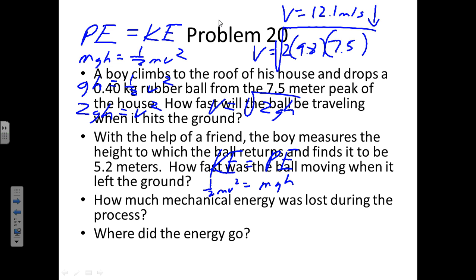And we're going to end up solving the same equation, right? V equals square root of 2gh. So V is going to equal the square root of 2 times g, 9.8, times h. This time h is 5.2. And we end up with 10.1.